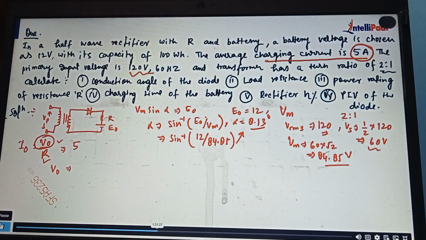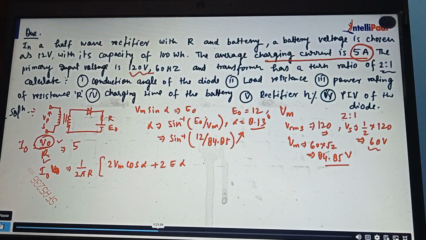So I can put this, V naught equal to 1 over 2 pi R, 2 Vm cos alpha plus 2 E alpha, because R we have taken here, right? So V naught by R is I naught.